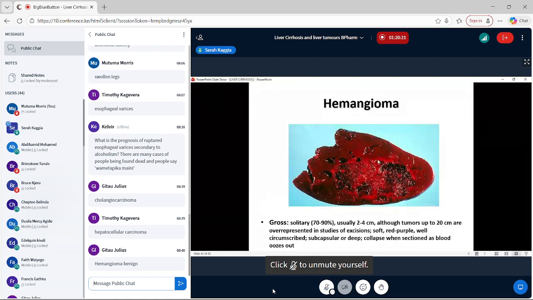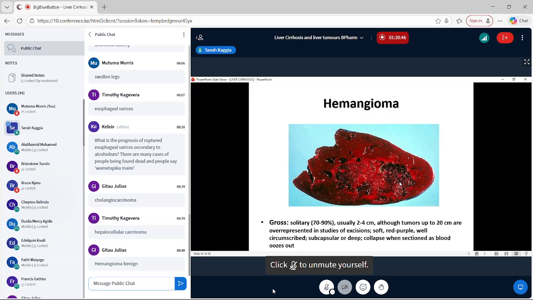However, this is a nice part like this. But if you see closely here, there's like a capsule surrounding this area. Then inside it, there's a tumor. Okay, as you can see, this is a hemangioma. You can see blood, hemorrhage inside. That's a hemangioma. Many times it's solitary.